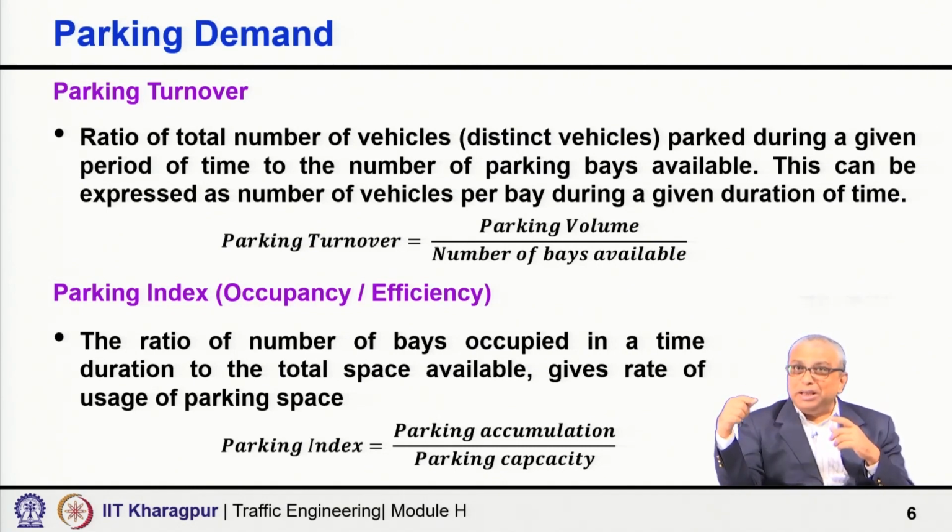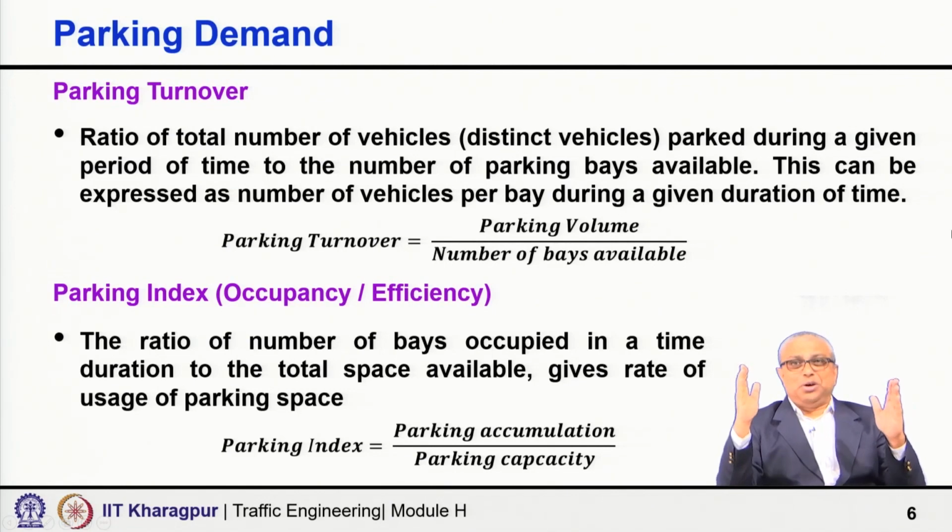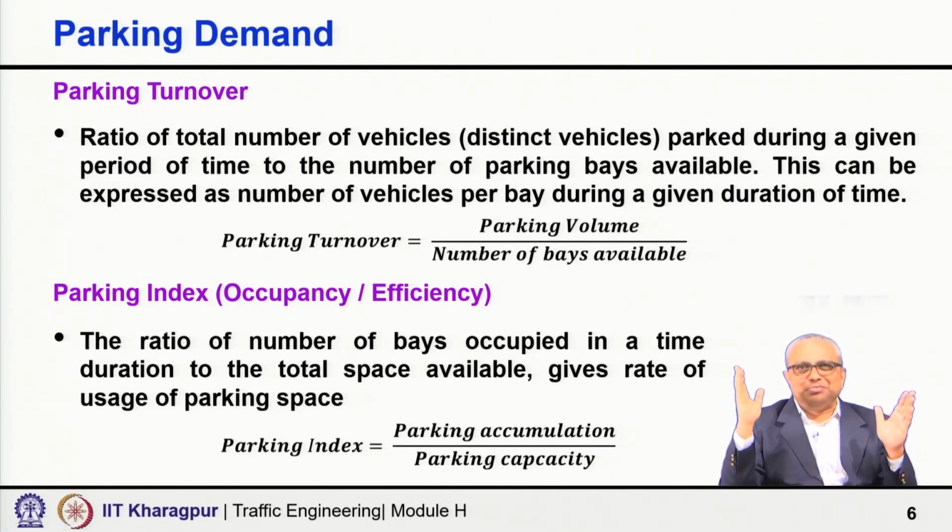So, per bay, how many vehicles are using that parking bay, on an average, every bay is used by how many vehicles during a given duration of time. You take 2 hours, 3 hours, 4 hours, 5 hours, whatever may be, 8 hours.